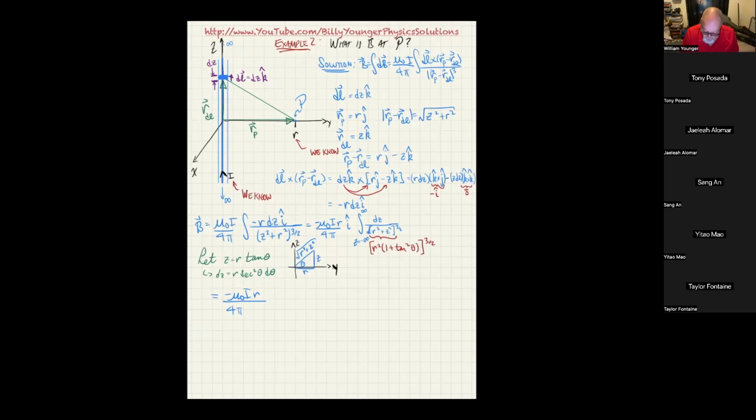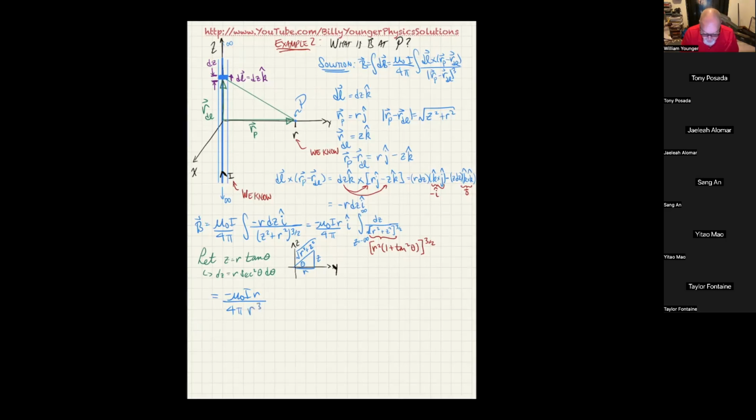So the r squared raised to the 3/2 power in the bottom makes r to what power? Anyone? Three? Yes. So it should make r cubed in the bottom.